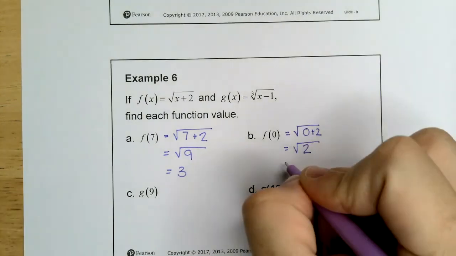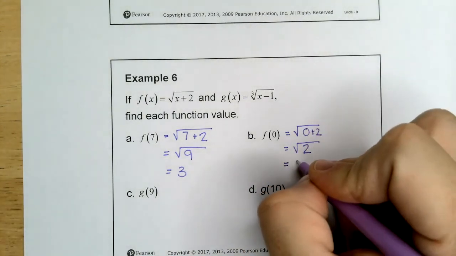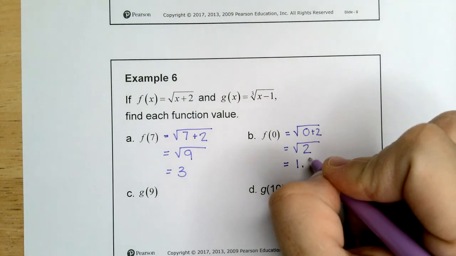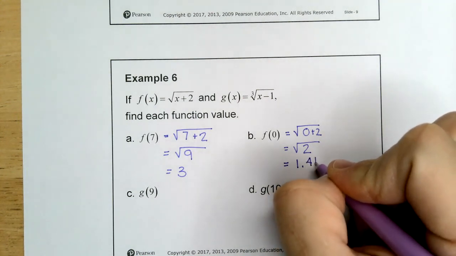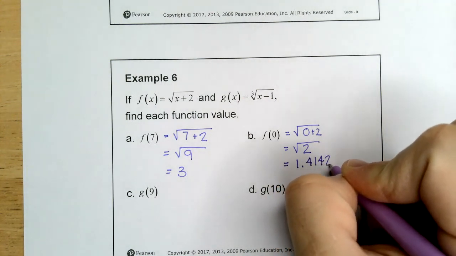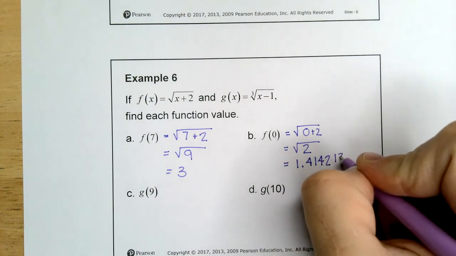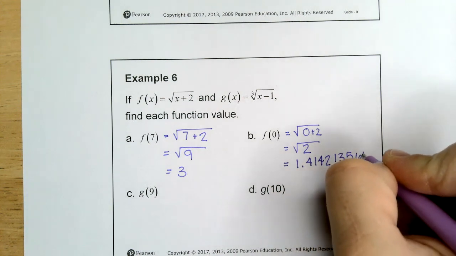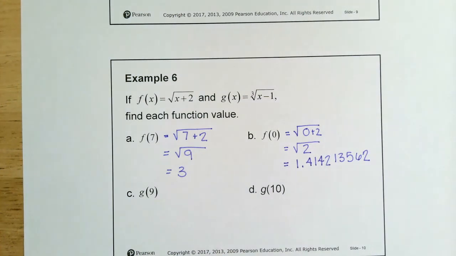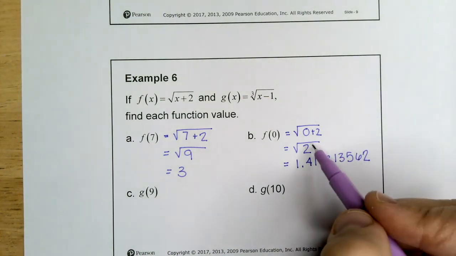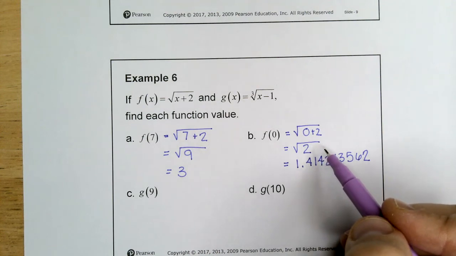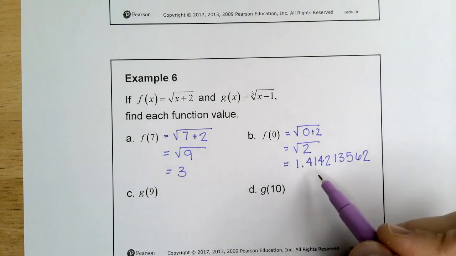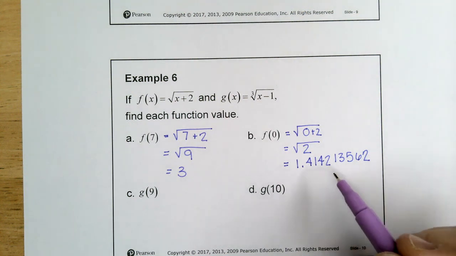But I would just leave that as the square root of 2 because that's actually more accurate. It implies that it's going on forever, right? It's a very long decimal, so I'm just approximating here, but this is an exact answer. So you could use the exact answer unless they ask you to approximate or to round your answer.